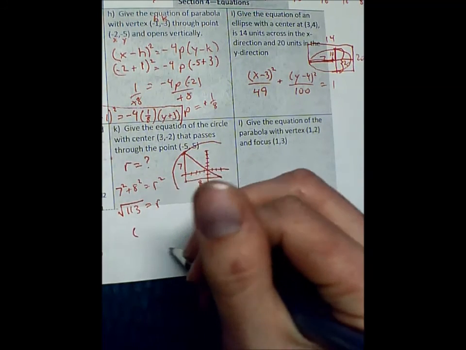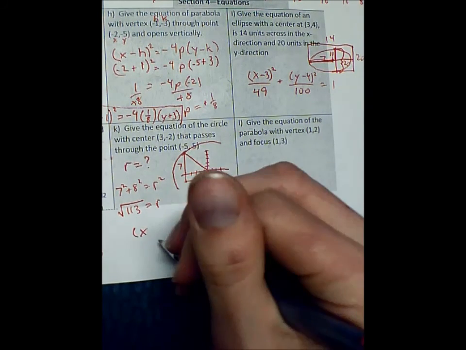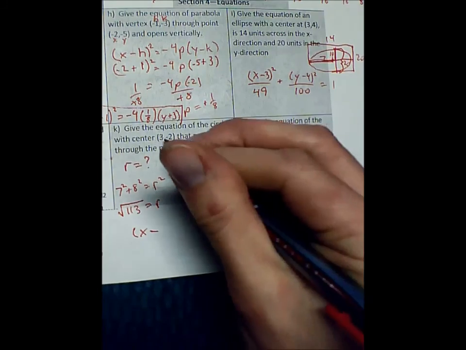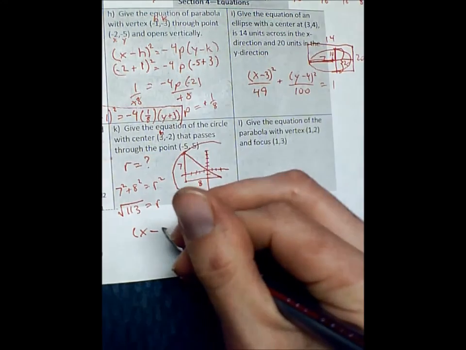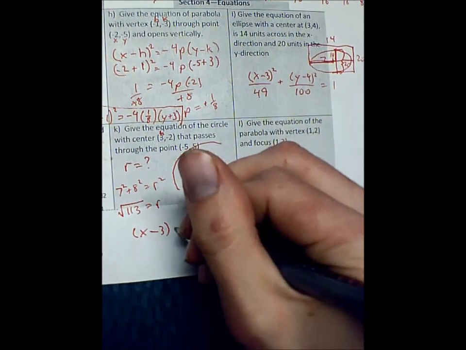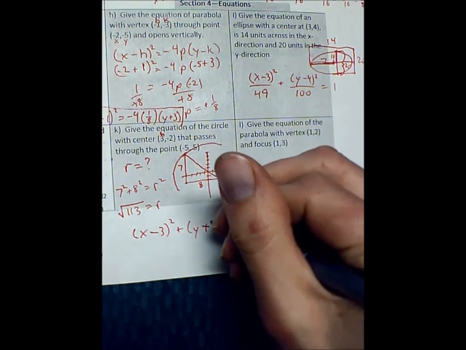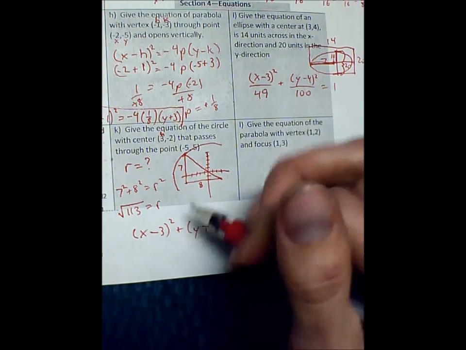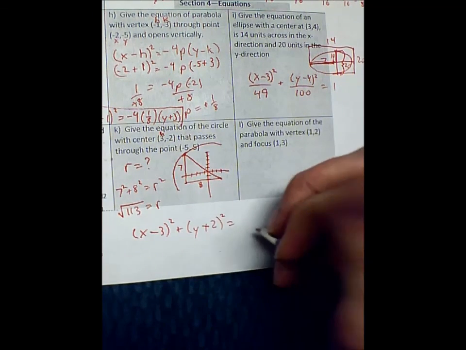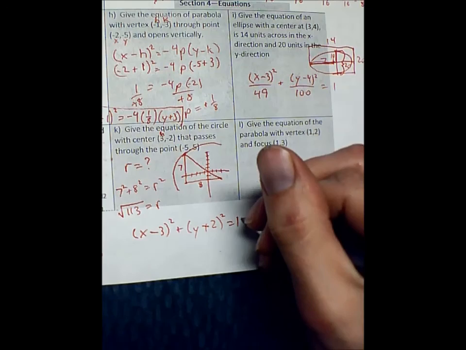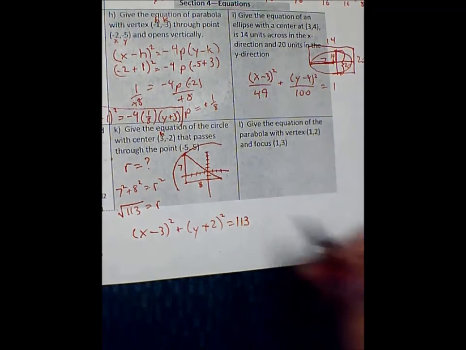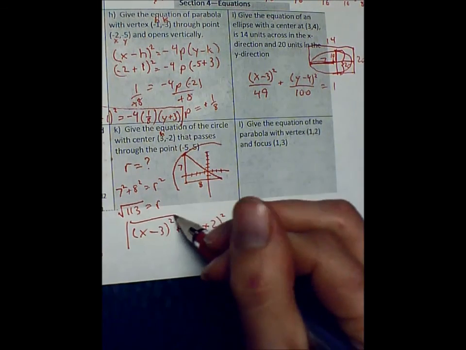Now, we come back to plug in our formula. For a circle, we've got x minus h squared. H would be 3. Plus y minus k squared. So y minus negative 2, or y plus 2, equals the radius squared, so that squared would cancel out the square root of 113 and just leave us with a 113.